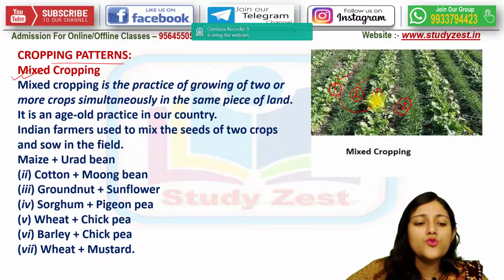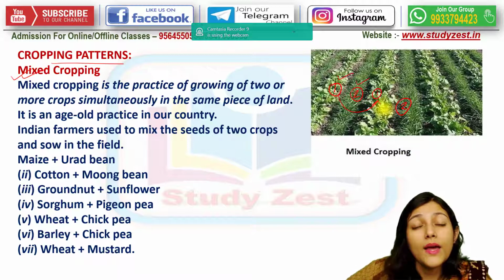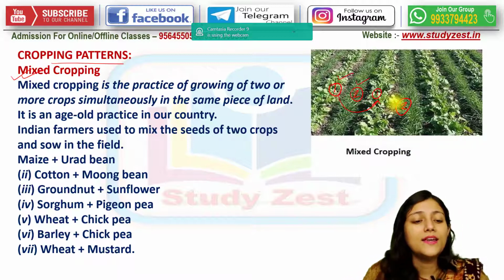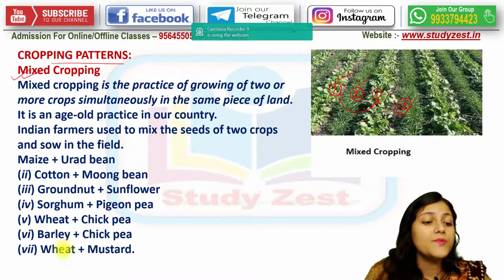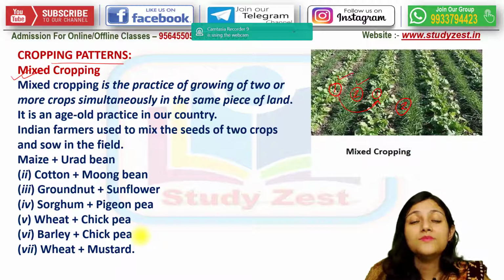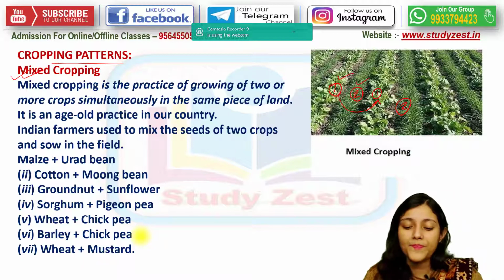So two or more than two crops are practiced in the agricultural field, like cotton, mung bean, groundnut, sunflower, sorghum, pigeon pea, wheat, chickpea, barley, then chickpea, wheat and mustard. These are cropped together. This is called mixed cropping.